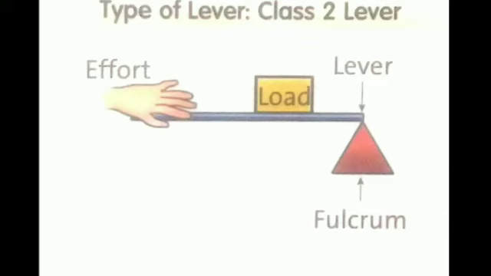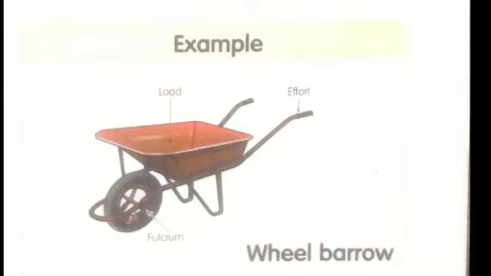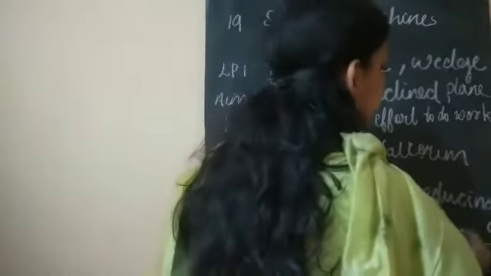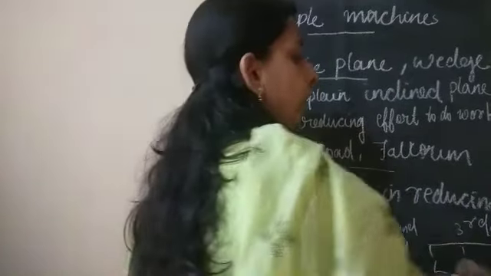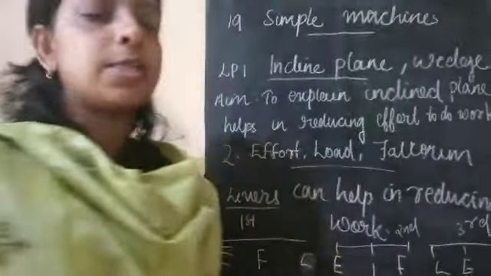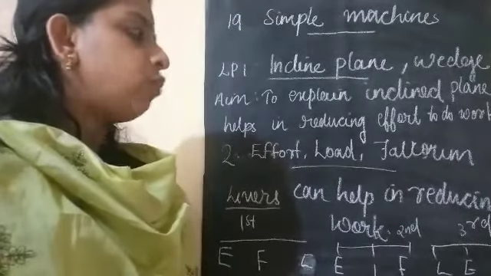Wheelbarrow is its example given here. You can see the fulcrum in this picture, and the load, and the effort, the place where we exert the force. Example is wheelbarrow. And in the third class lever, effort is between load and fulcrum.